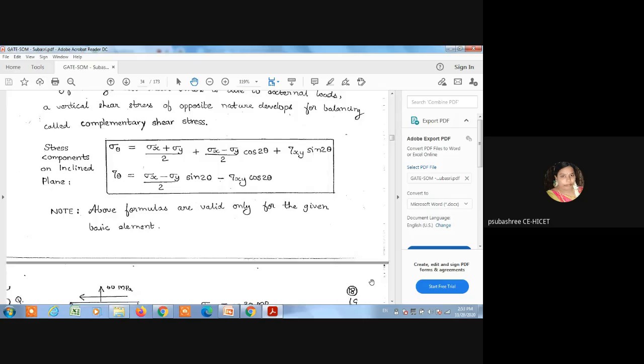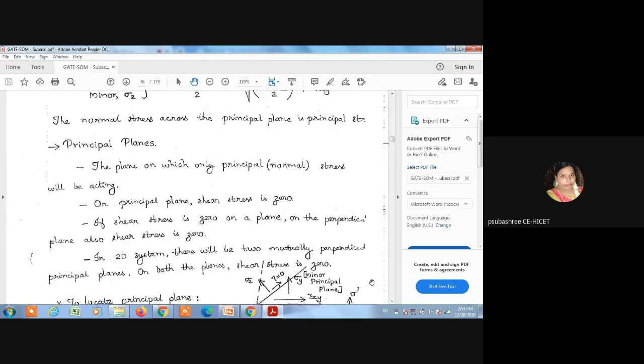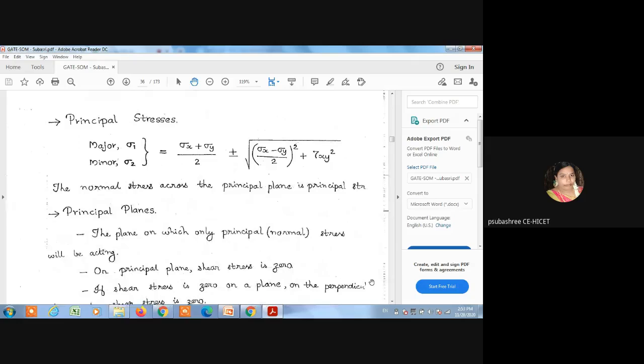These are the basic formulas. Shear, maximum principal stress and minimum principal stress. What do you mean by principal stress? The normal stress across the principal plane is the principal stress.